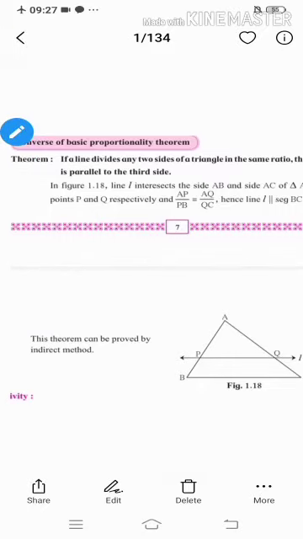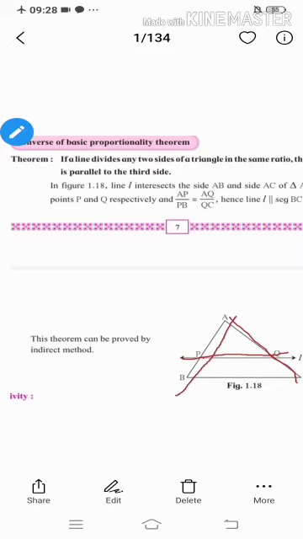In figure 1.18, line L intersects side AB and side AC at points P and Q respectively.